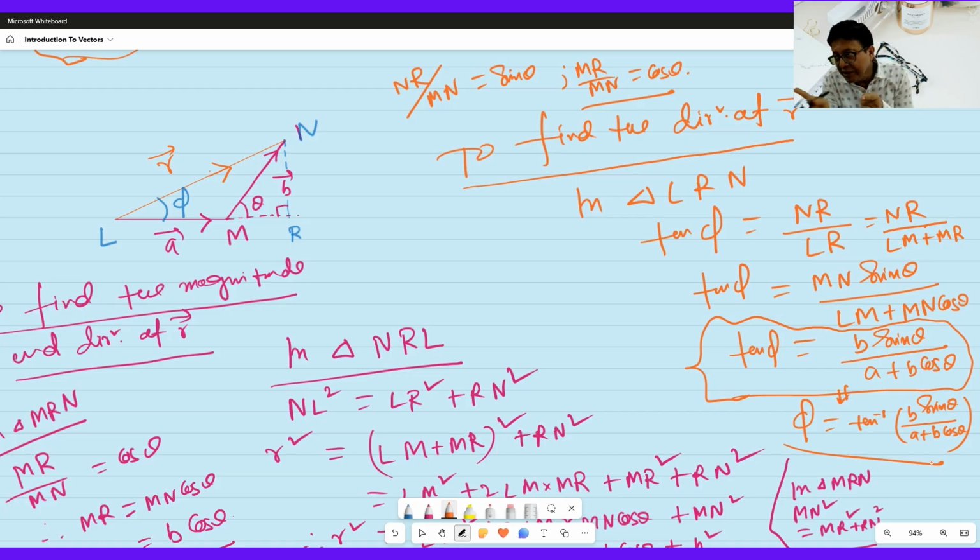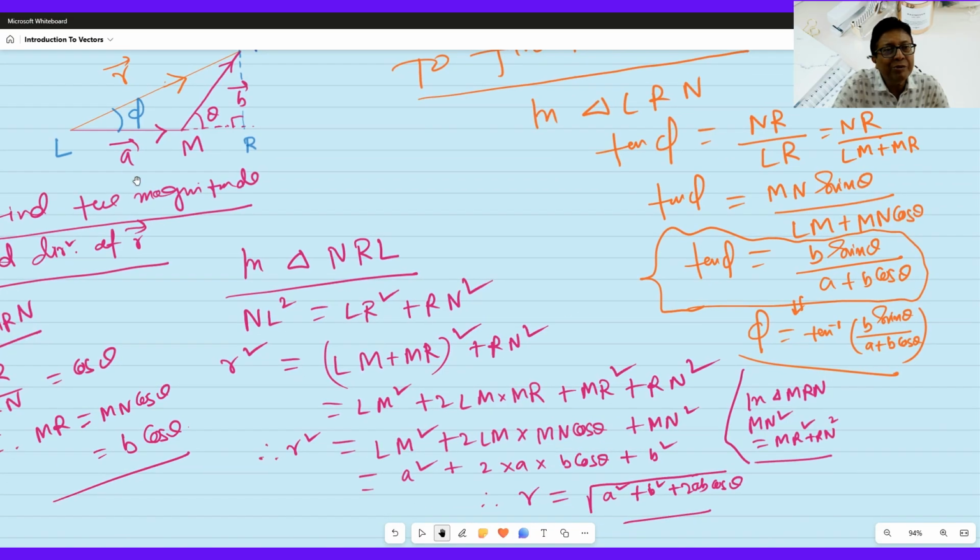Shift tan, then the calculator will change to tan inverse, then put the data over there, you will get the angle. Clear? In exam, CBSE students will not get this facility because calculator is not allowed in school or board exam. But right now you can do it. So by using these two formulas, you can get the magnitude and direction.